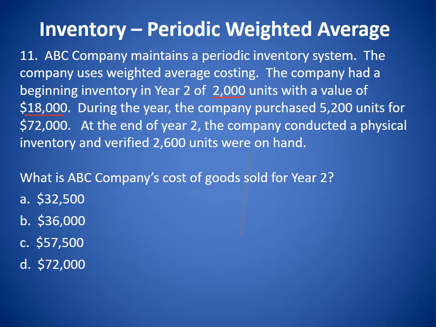Now, during the year, the company purchased 5,200 units at a cost of $72,000. At the end of year 2, the company conducted a physical inventory, and based upon that physical inventory, the company verified that 2,600 units were remaining on hand in the inventory.